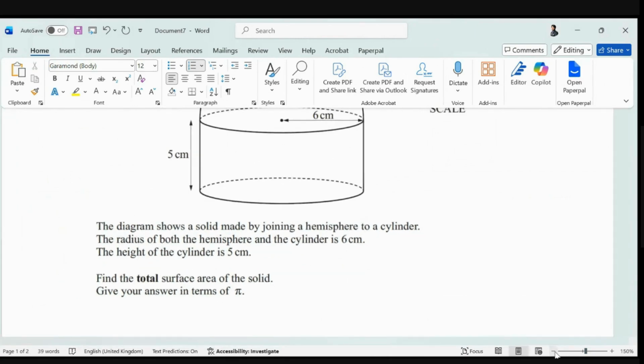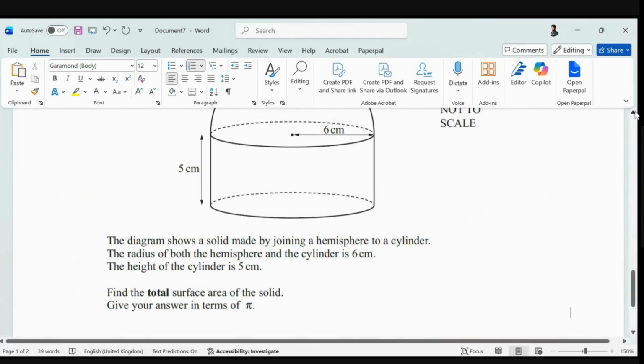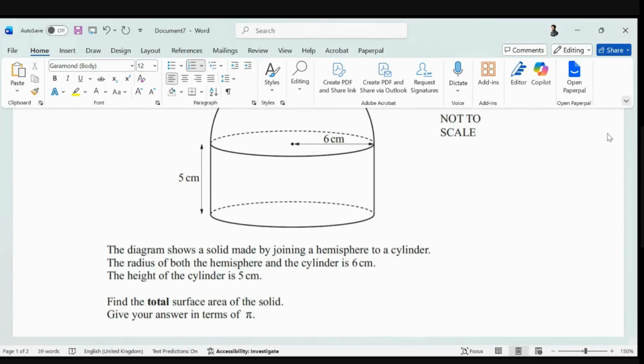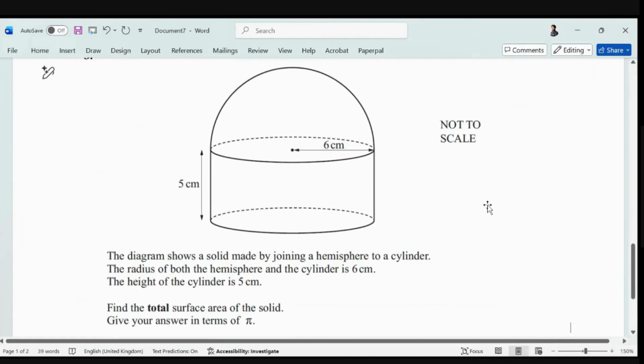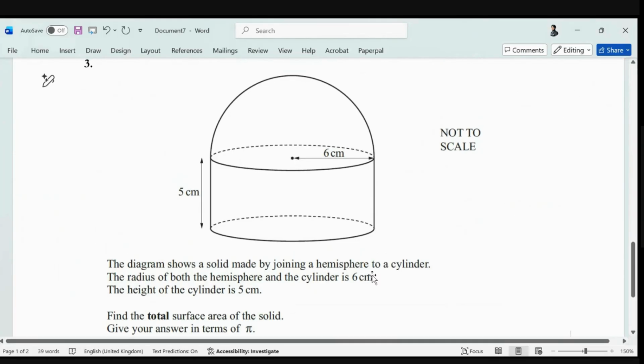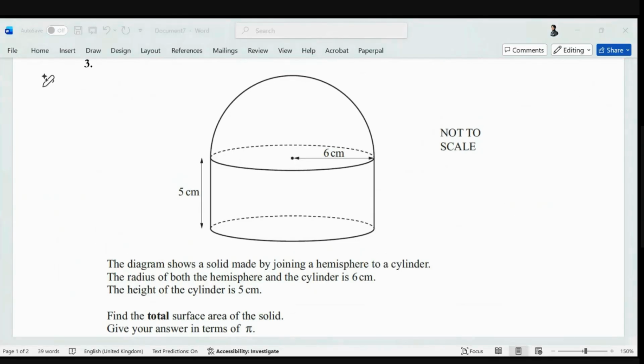Let's have a look at the third question. This is the third question that we will do. I want you to do it first.